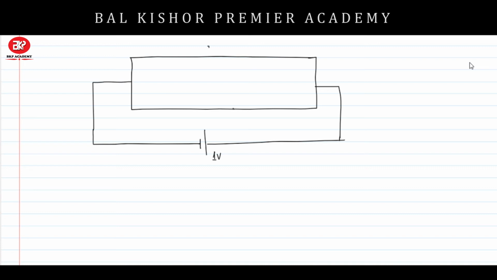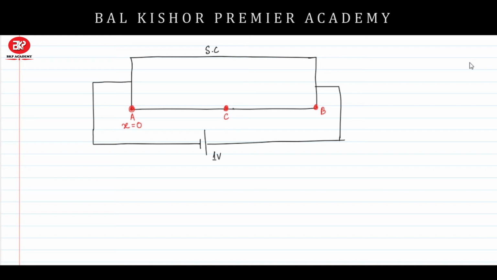In this semiconductor bar, if I define 3 points, suppose this is the first point A, this is the second point B, and this is the third point C.